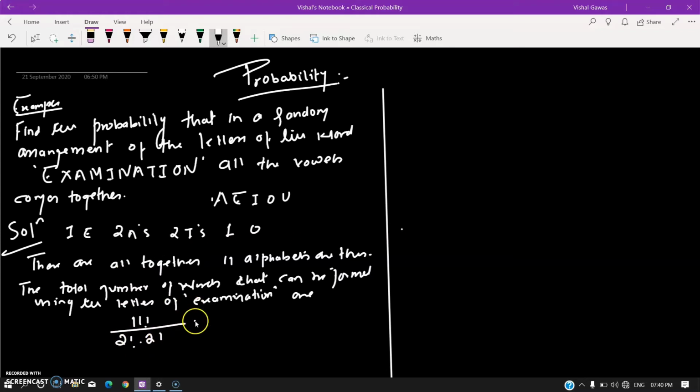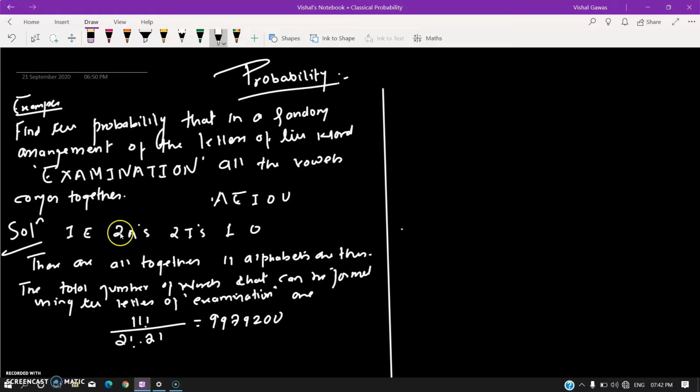That comes out to be 9979200. Check that if you have a calculator. You can always go back and check how many words can be formed. It's not so difficult.